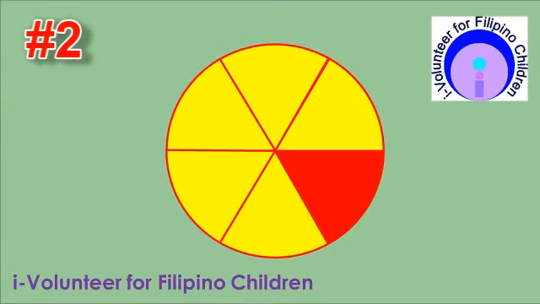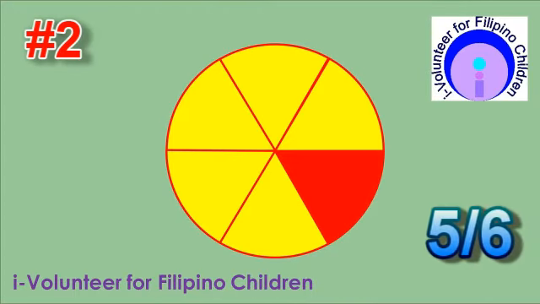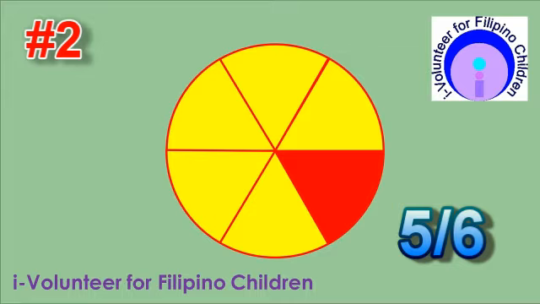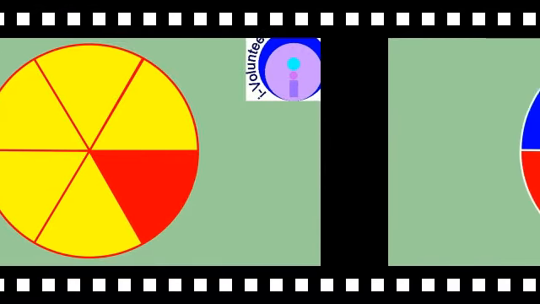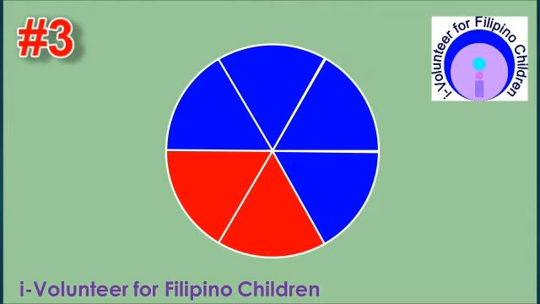How do you write the yellows in a fraction? The answer is. Number 3. How do you write the blues in a fraction?